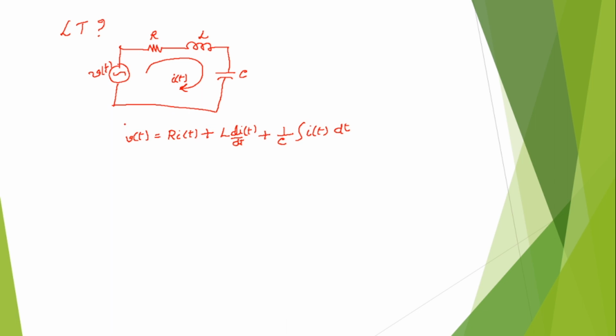Now this equation which defines the system is in integro-differential form. Now from this integro-differential equation, how do we get the expression of I of t?